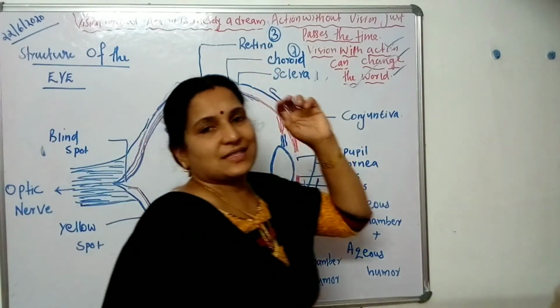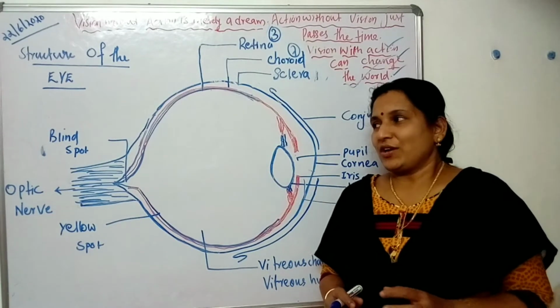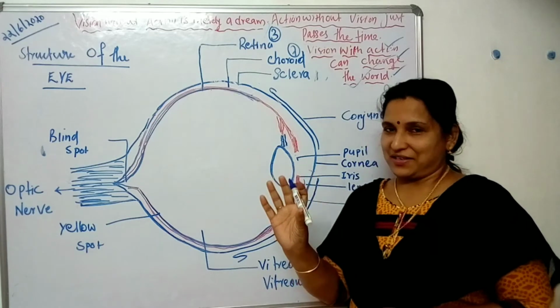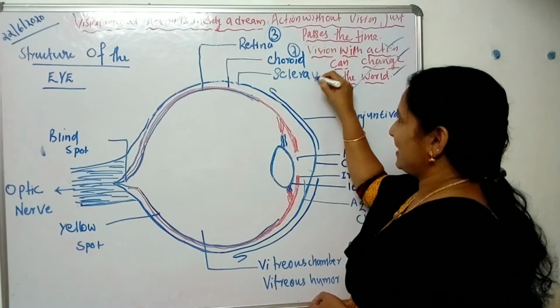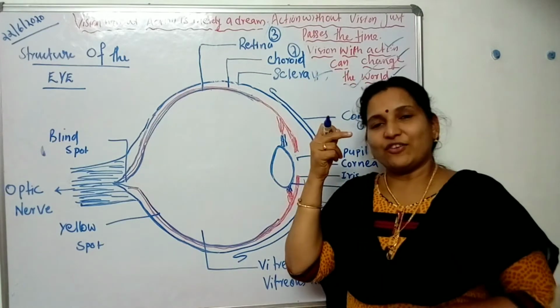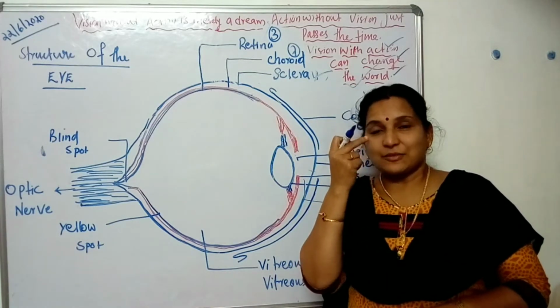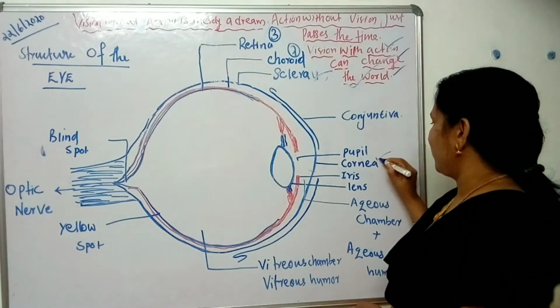So what is sclera? When you see your eyes in the mirror, you can see the white colored part. Actually, that white colored part is the sclera. In front of the sclera, there is a transparent portion. That portion is known as the cornea.